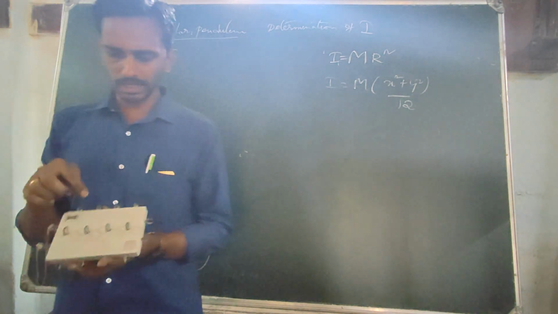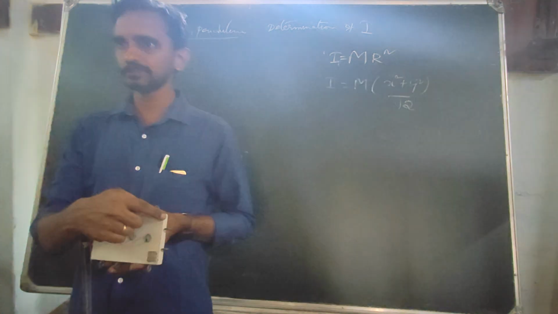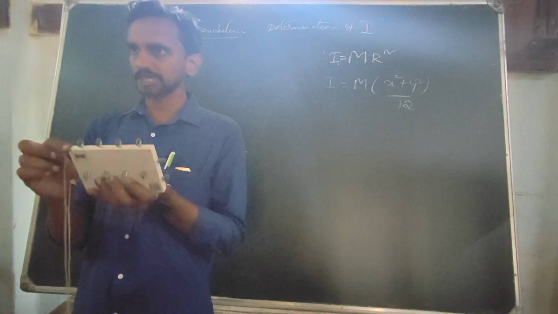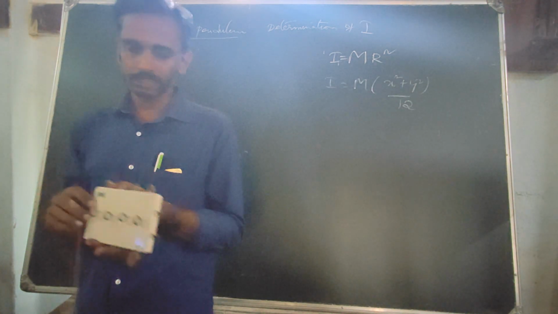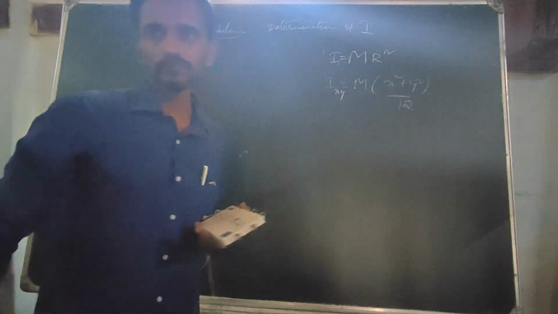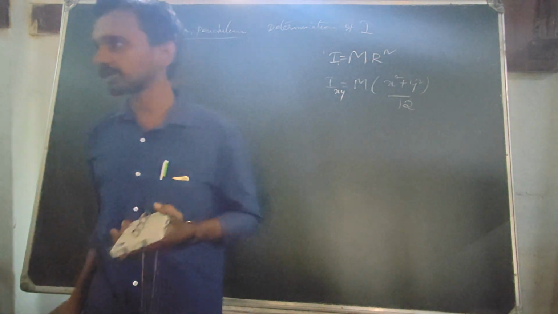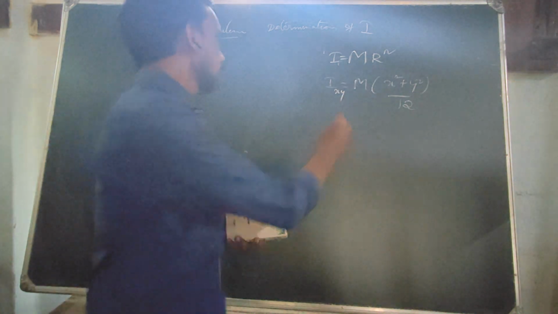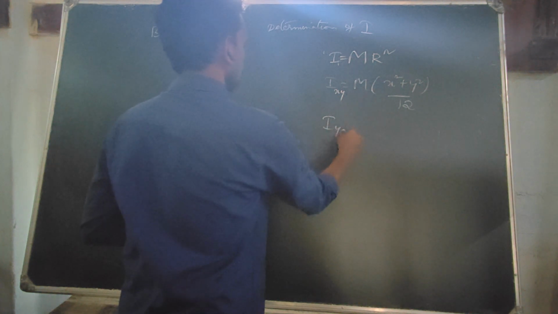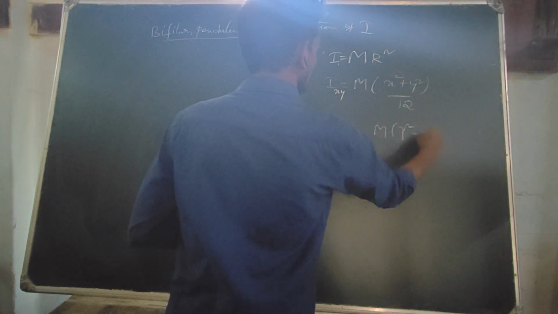So if you are taking this as x direction, this is y direction, and the thickness is z, let's say, then the moment of inertia in the xy plane is Ixy equals m times x square plus y square by 12. Okay, and Iyz is m times y square plus z square by 12.